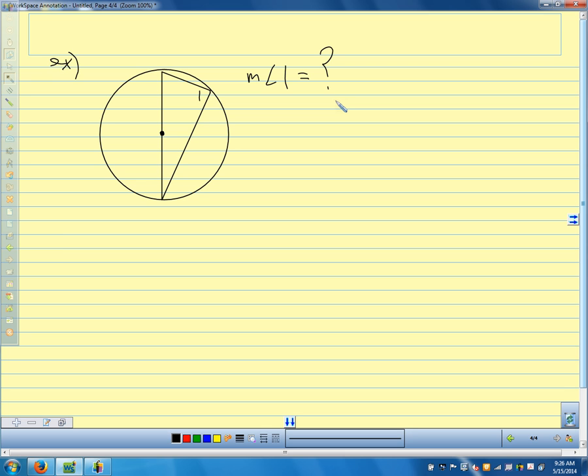Hmm? 90. This is a diameter. This is a semicircle. This is an angle inscribed in the semicircle. So the measure of angle 1 is 90. It's inscribed in a semicircle. So that one's really easy.